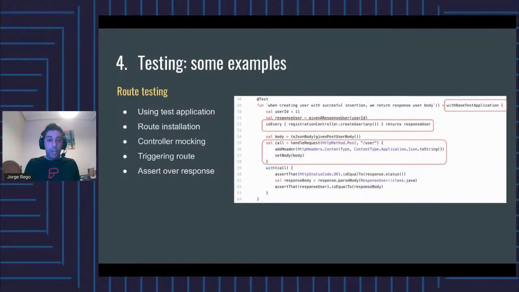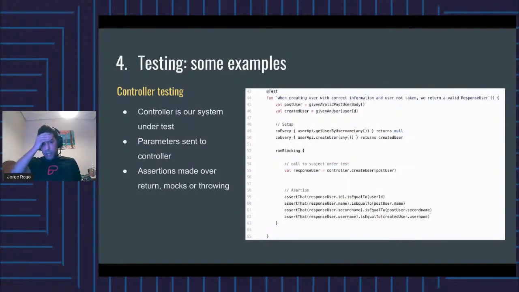And then we are asserting the expected result from the response in the call, or from the other different values inside the call that we are recovering. And this is how we can test our route layer or module layer.